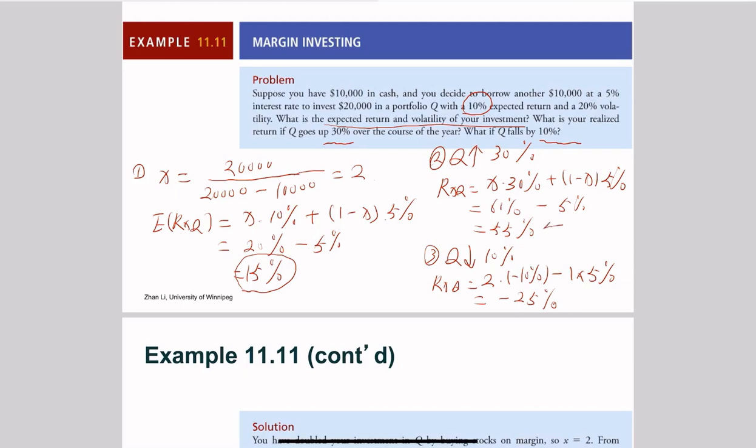It's 55% versus minus 25%. This difference is 80%. So it's pretty large, right? So you can see that leverage increases your risk. There is no free lunch in the market.